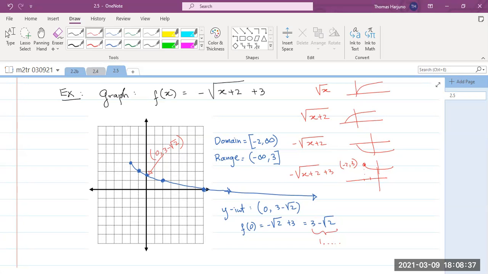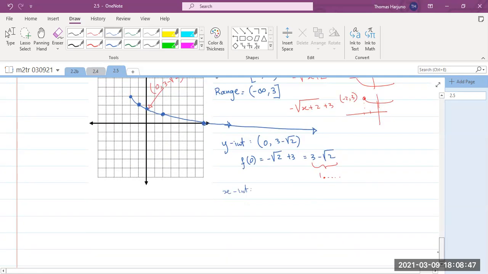Now, how about the x-intercept? To find the x-intercept, we set y equal to 0 and solve for x. Square root of x plus 2 equals 3, x plus 2 equals 9, so x equals 7.